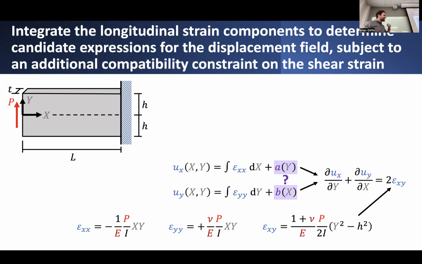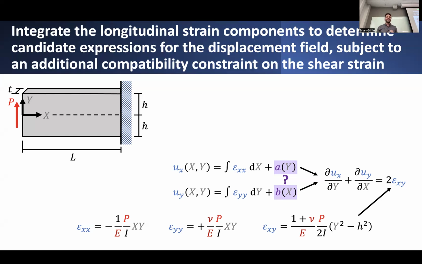But that's not it. In general, if I were to integrate these two functions with respect to X and Y, I have to introduce some additional generic functions or constants of integration to account for the fact that if I integrate some function epsilon XX with respect to X, there could be some function that I could add to UX that depends on Y. And when I take the derivative again of UX with respect to X, that function just goes away.